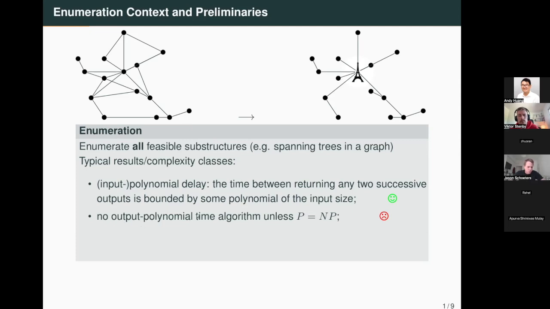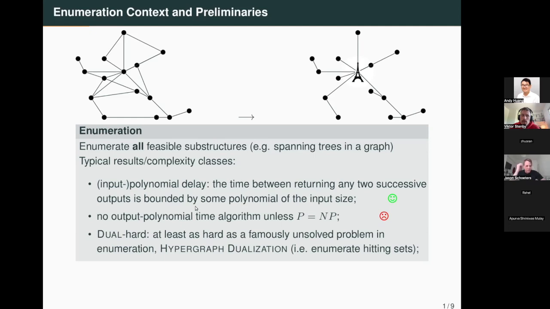So output polynomial means that even if you have a lot of feasible substructures that you have to output, there's no polynomial with regards to the size of that output that exists. So no algorithm exists in that time, which is very bad in most cases. If you encounter such a result for a practical problem, you can basically try to change your problem.